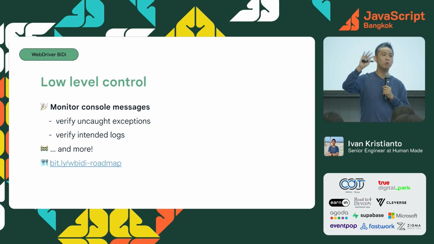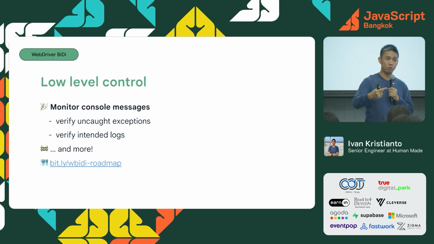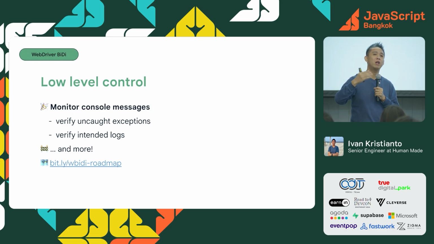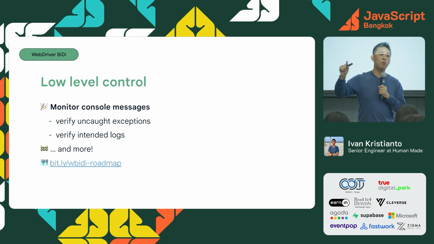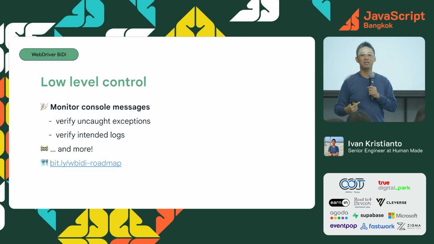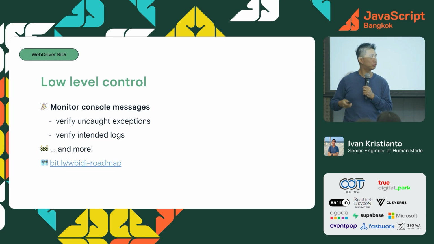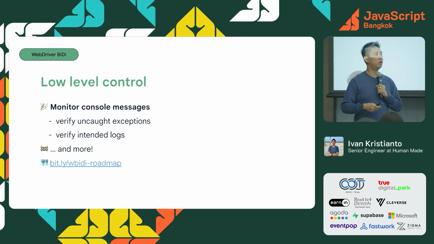So you can log those data during your test, so you can ensure that your application doesn't regress in performance while you keep developing your application. And this is useful because you can output your text inside the console log, and you can capture it inside the test. And plenty more. You can see the WebDriver BiDi roadmap, and there are more and more controls they are building into this protocol.